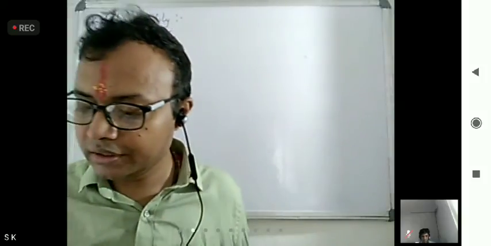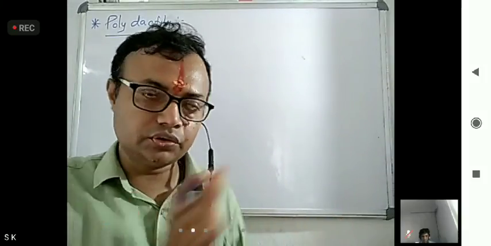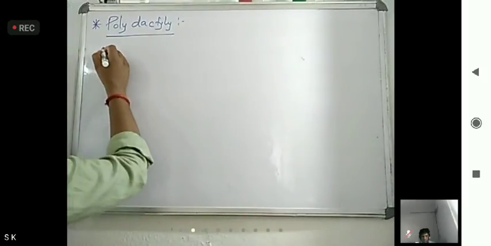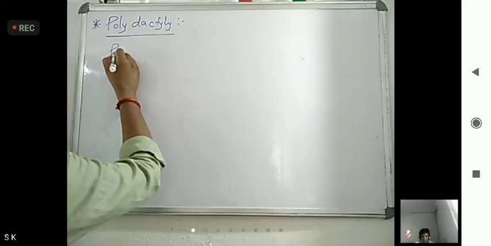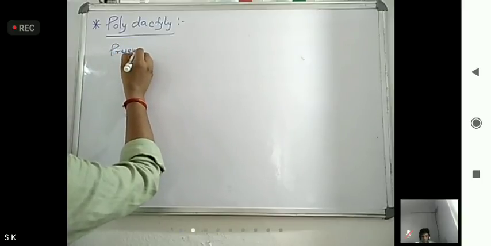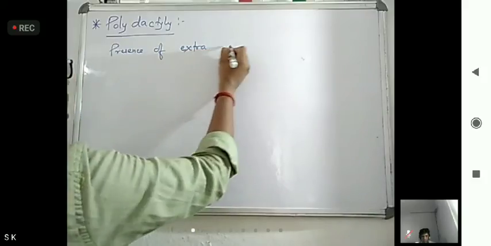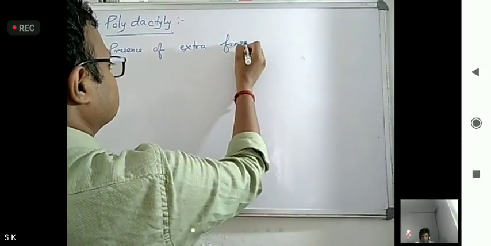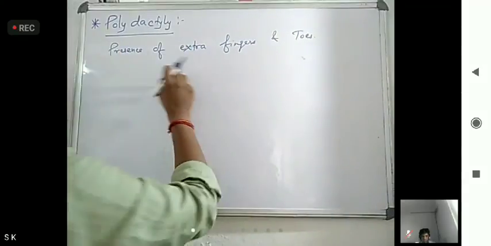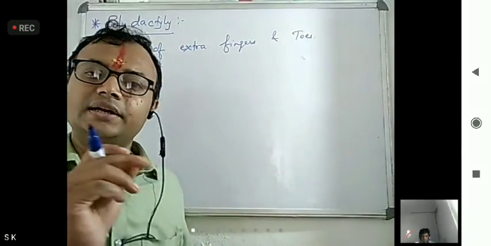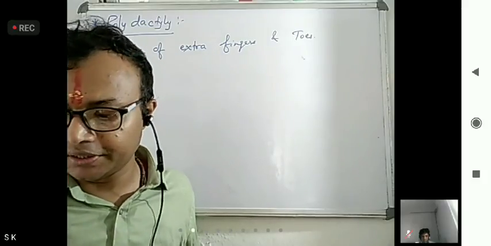What do you mean by it? Presence of extra fingers and toes. So that is known as polydactyly. So presence of extra fingers and toes, persons are known as suffering from polydactyly.